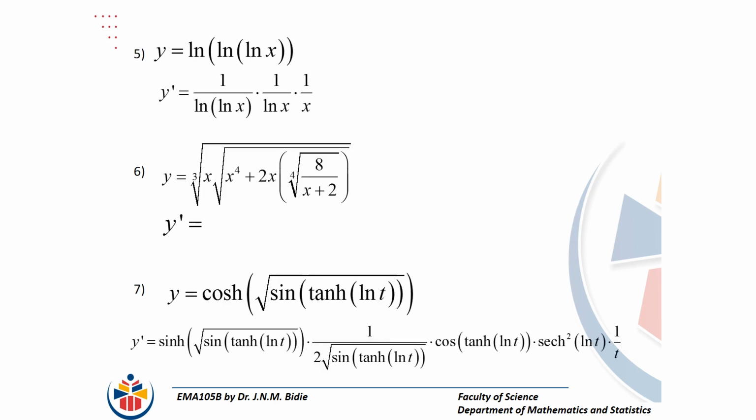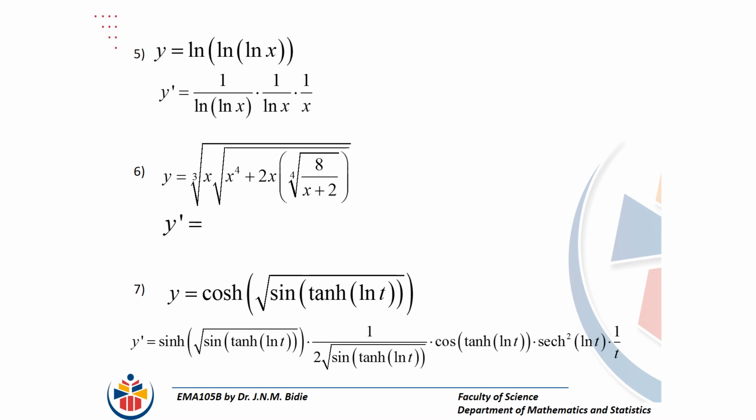Number 5. Ln of ln of ln x. Let's do this. We start from the outer function. From our rules, the derivative of ln x is always 1 over x.